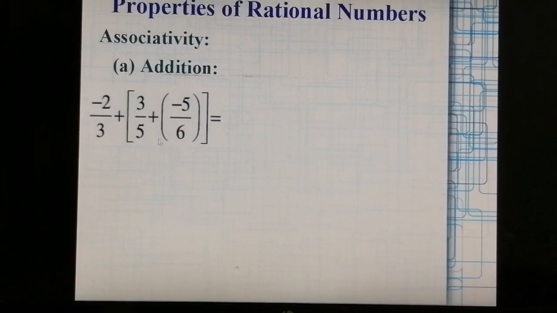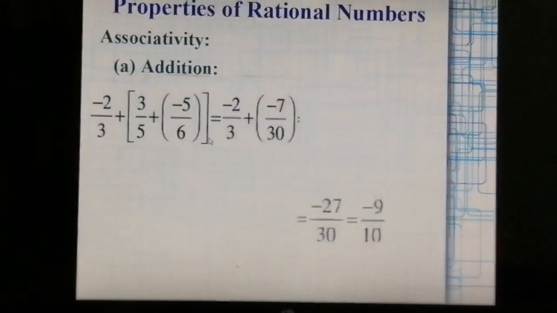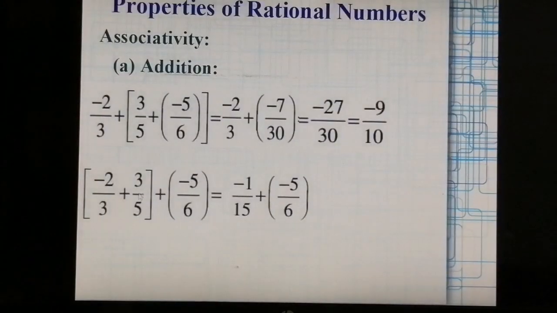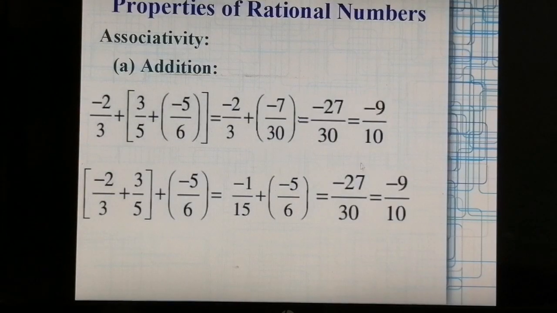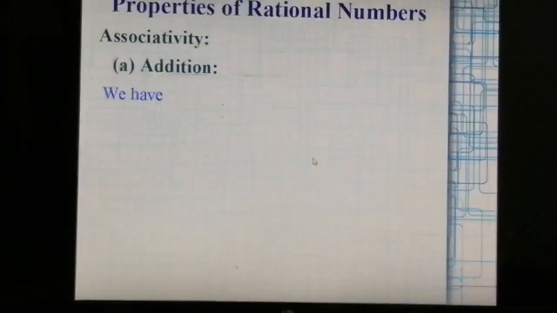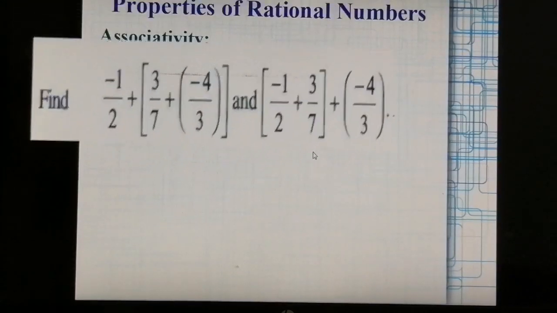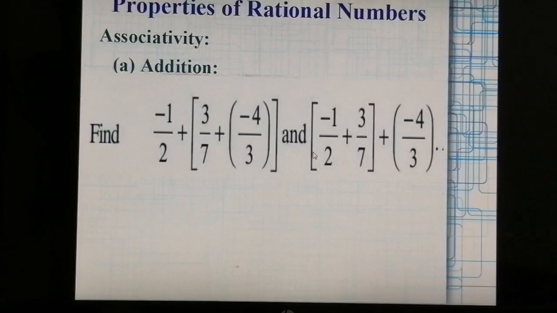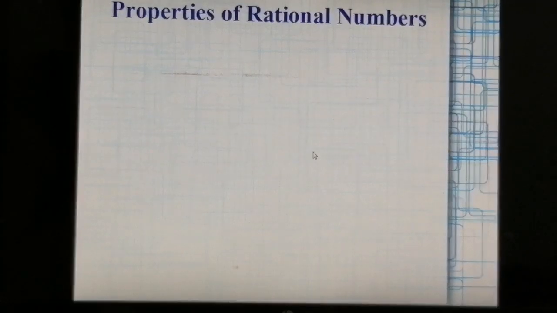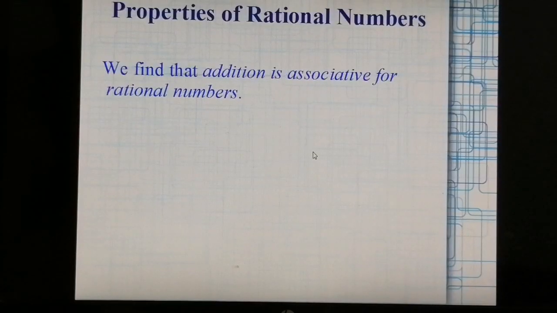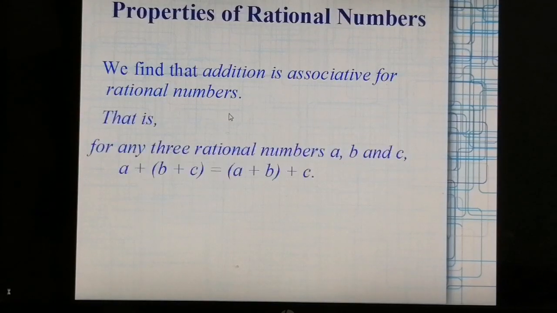We first add these two rational numbers and see what we get, and here we add these two rational numbers first and get the result. Both are the same. And we can try with some more examples. You need to do it for yourself. And we say that addition is associative for rational numbers.